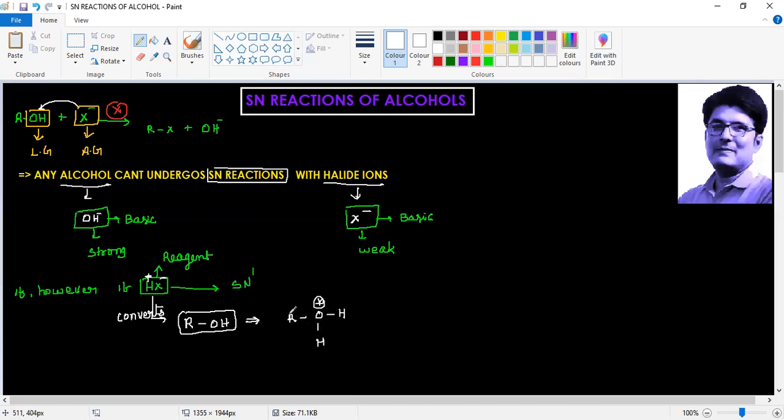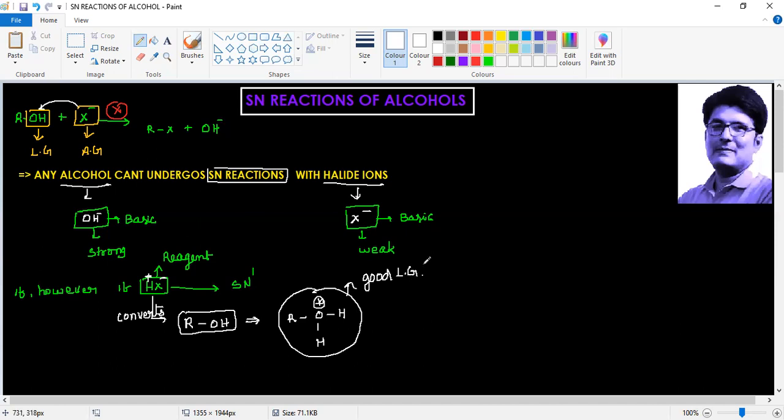If one more hydrogen is there, it will be converted to H3O plus. This compound is a good leaving group. Clear?